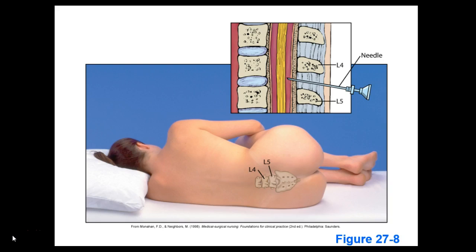So we insert the spinal needle. The doctor then will attach the needle to a measuring device that will measure the pressure of the cerebrospinal fluid in the spinal column, and they can also draw off specimens to be sent to the lab and assess the clarity and color of the CSF.